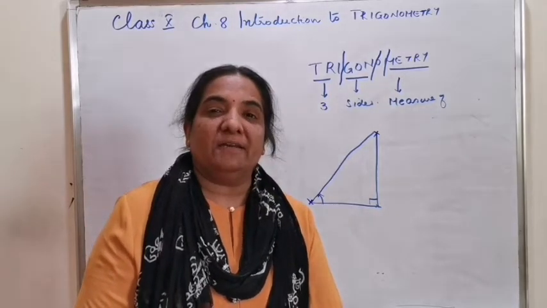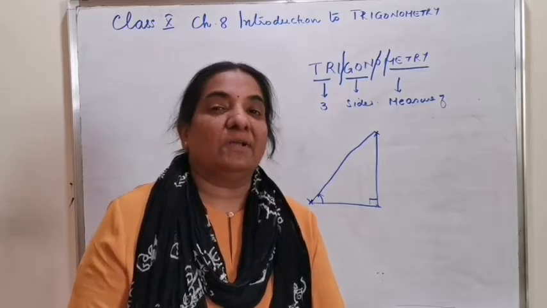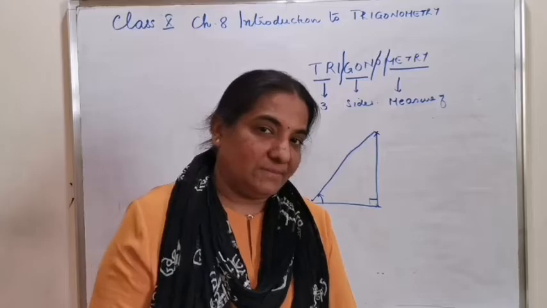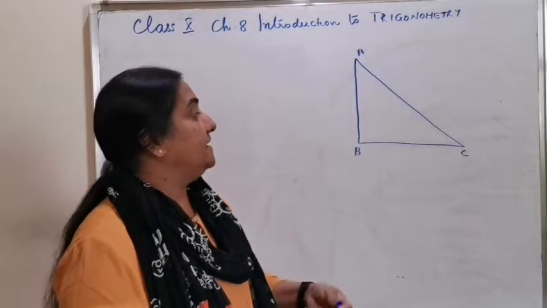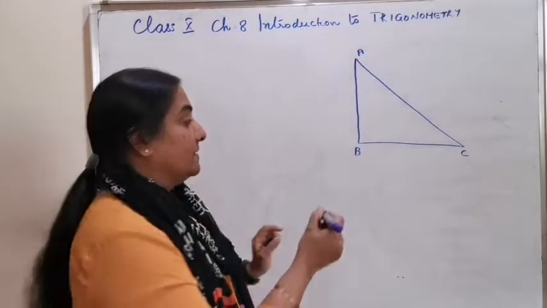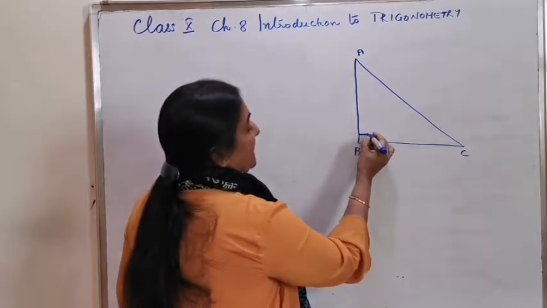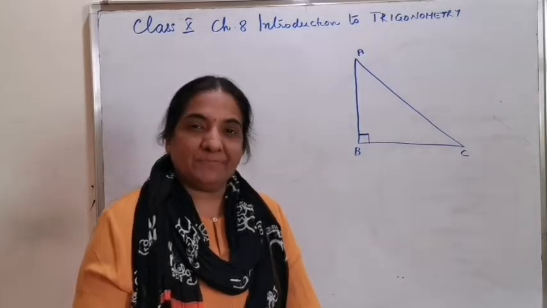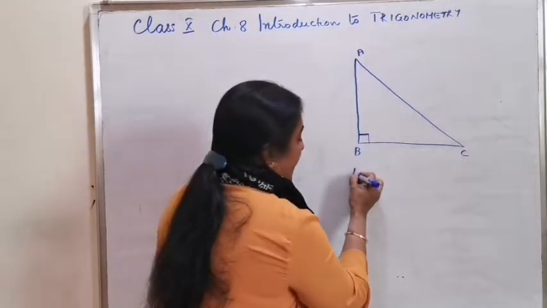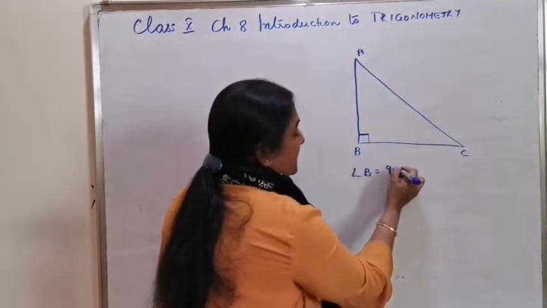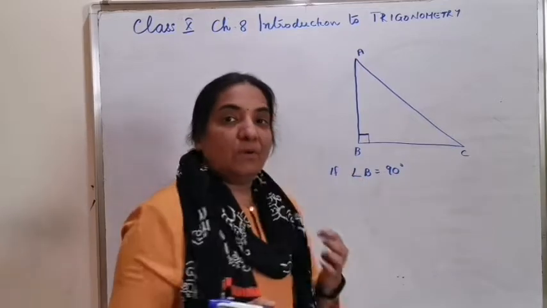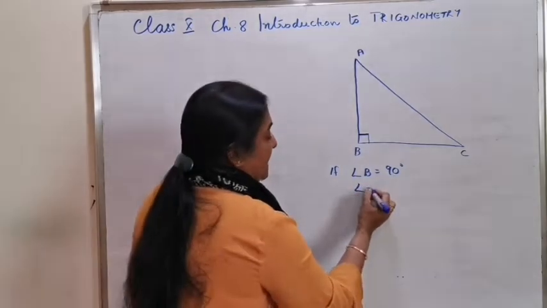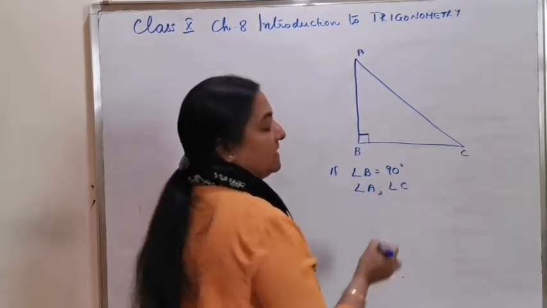Let's define trigonometry, or let's see what trigonometry deals with. This figure, triangle ABC, represents a right triangle at B. So, if angle B is 90 degrees, what can we say about the other two angles, angle A and angle C?